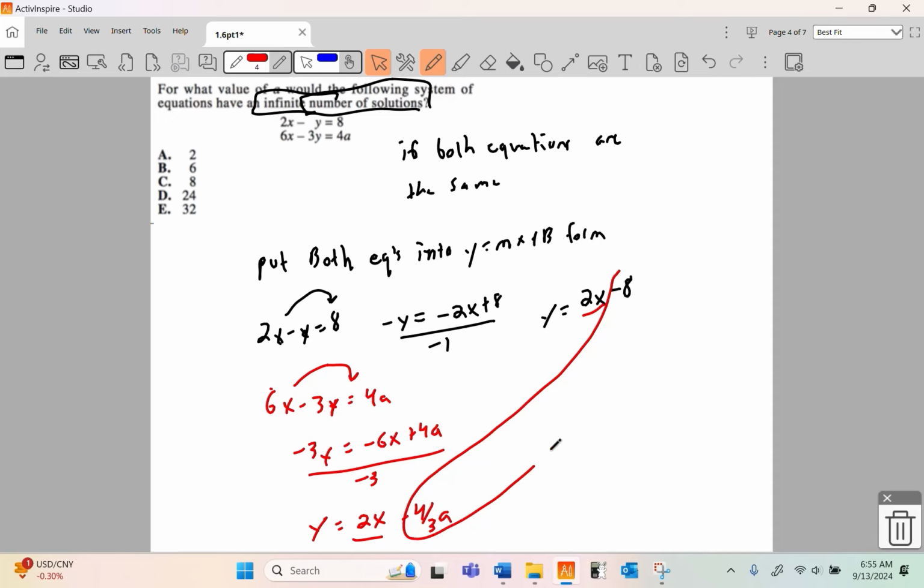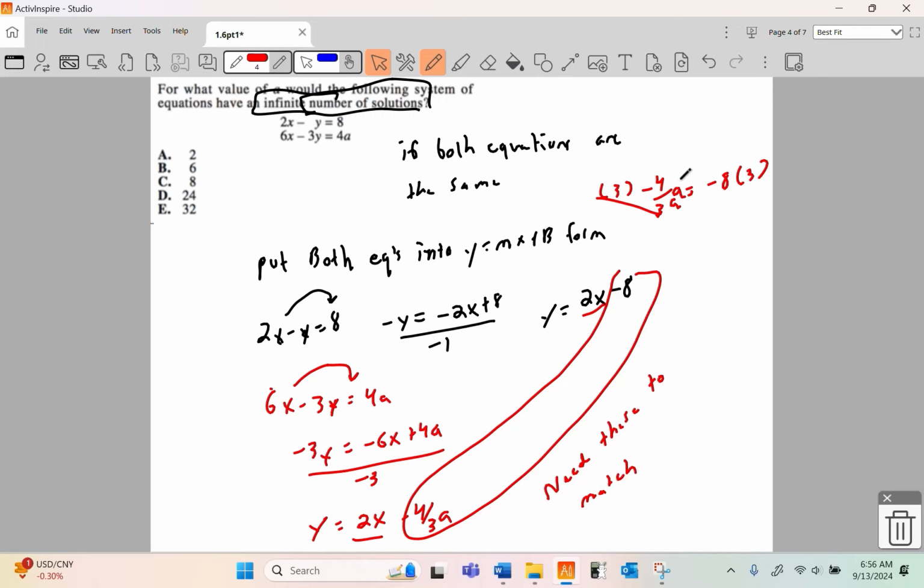This is what I need to be true. I need these to match. Because I want these things to be the same. So negative 4/3 of a must equal negative 8. Let's just go ahead and multiply by 3 on both sides to clear the fraction.